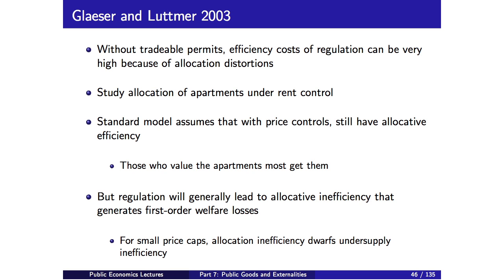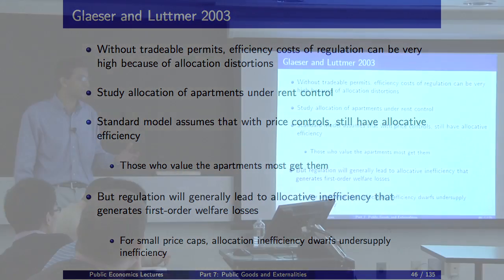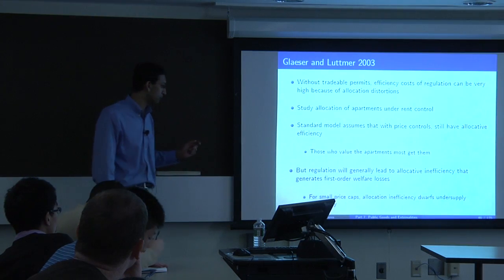And so how do you end up allocating them? There's queuing, essentially, right? So if you're lucky and you happen to know the landlord, or you find out about the apartment very quickly, you might end up getting a 4-bedroom apartment when you really only would have paid for a 2-bedroom apartment just because you happen to be in the right place at the right time, right? So the wrong people get the wrong apartments.